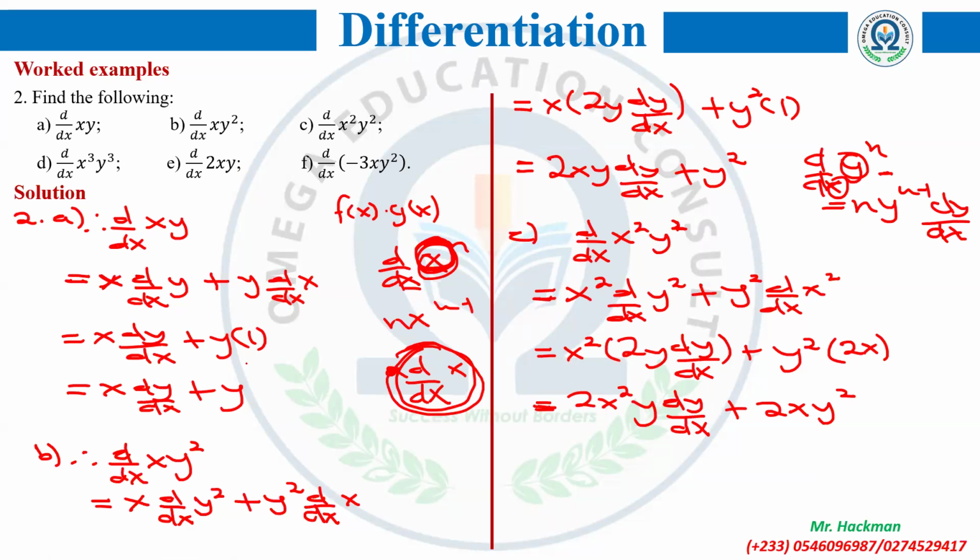So if I give you 2 times x times a, how would you write your answer? Prof. Frank, what would that give you? 2ax.